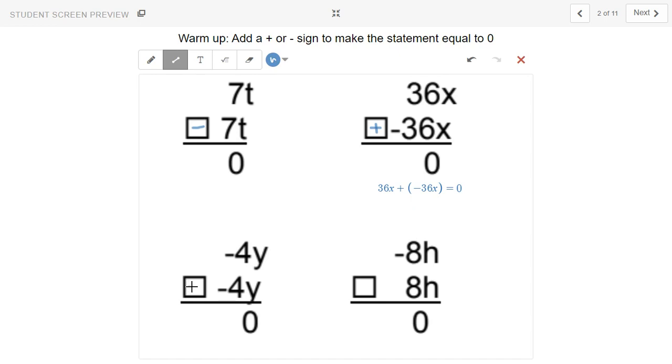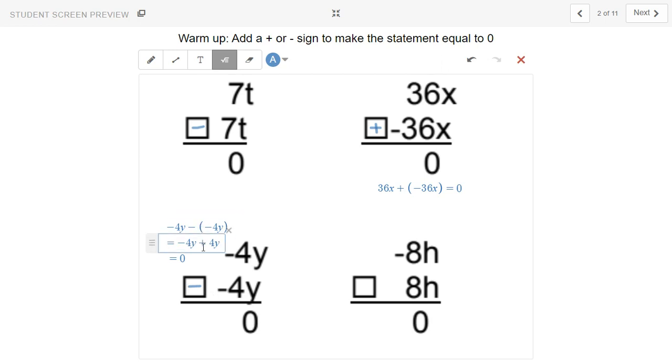This one is a little bit tricky, but I need to have a subtraction in order for us to get 0. Because I have negative 4y minus 4y, and that would simplify to negative 4y plus 4y, and that gives us a 0.